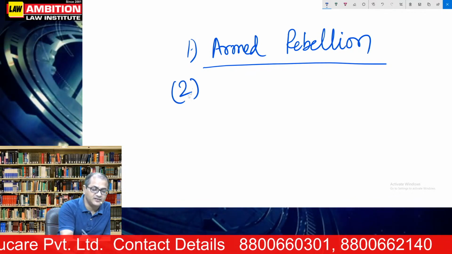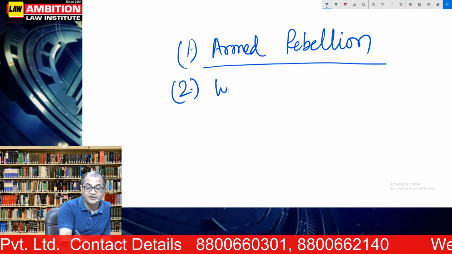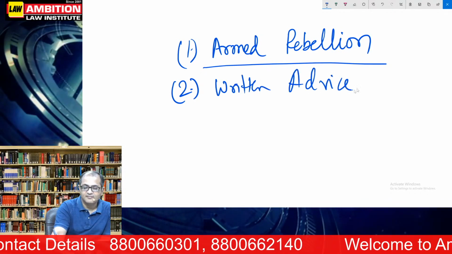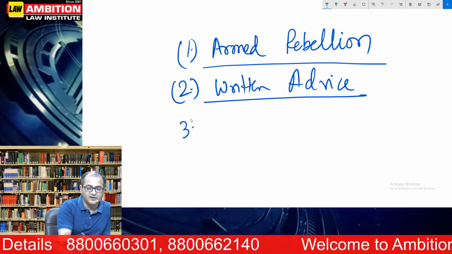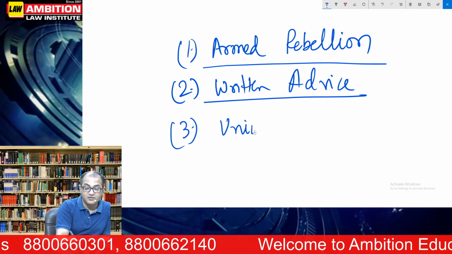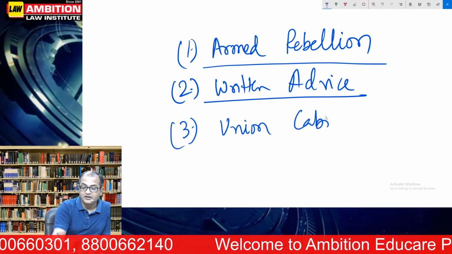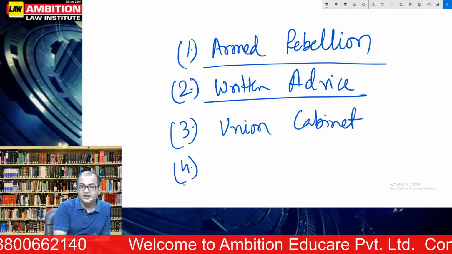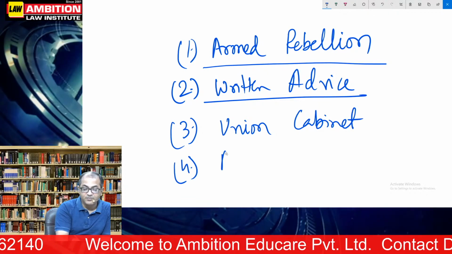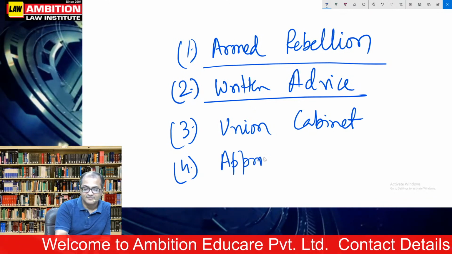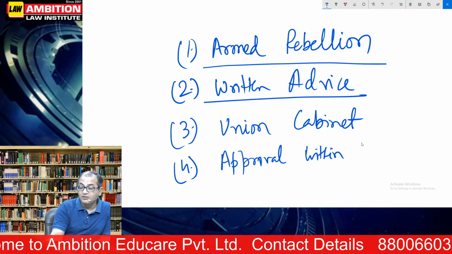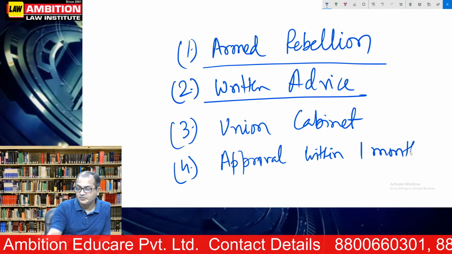Second safeguard, we said written advice. Third safeguard, we said advice will be taken by the Union Cabinet. Fourth safeguard, approval within 1 month. Earlier the time was 2 months.